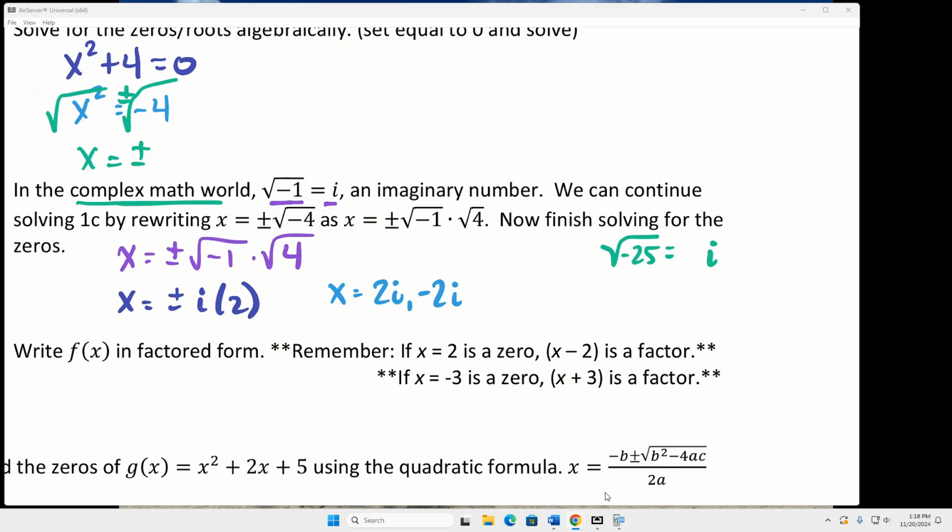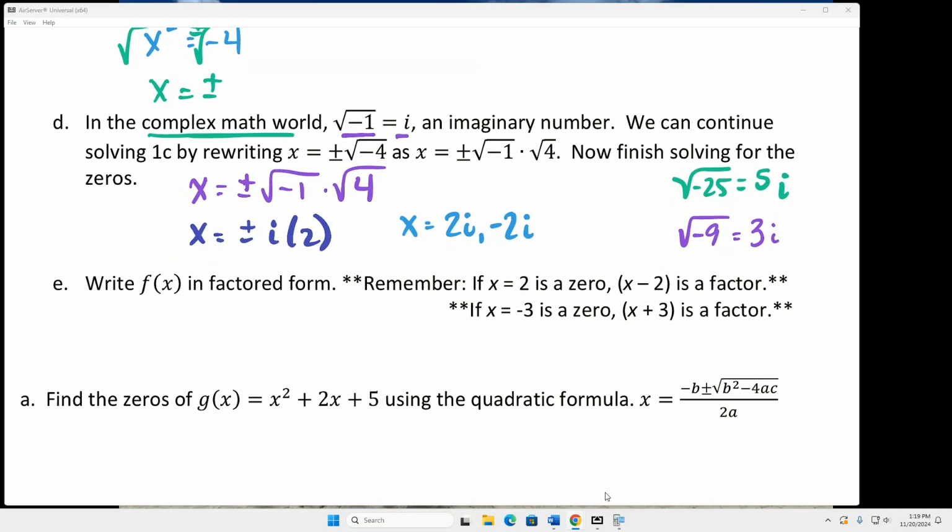It's just 5i. And what about the square root of negative 9? It's 3i. All right, so whenever you see a negative in a square root, there's going to be an i in the answer. And it takes like half a second more difficult than what you've done before. Okay.